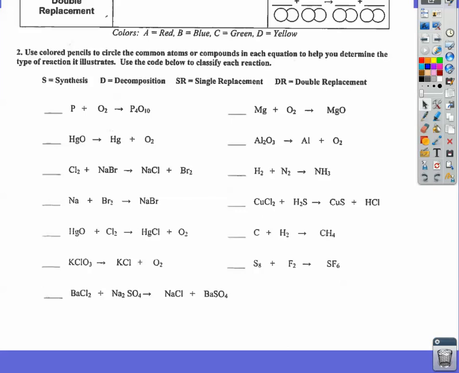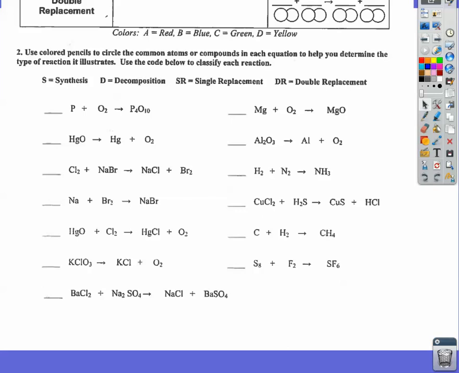If we look at one here, I have a single substance on its own, chlorine, and after the reaction, that looks like it has replaced my Br, and Br ends up being left on its own. So instead of having sodium and bromine combined together, I have sodium and chlorine combined together. So this tells me that I have a single replacement reaction.